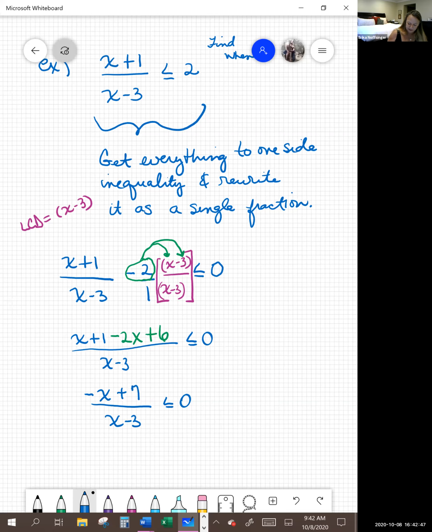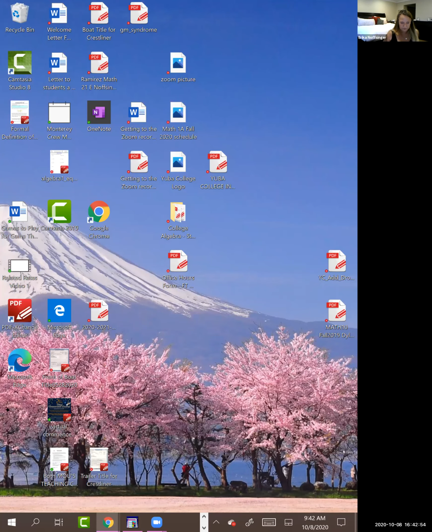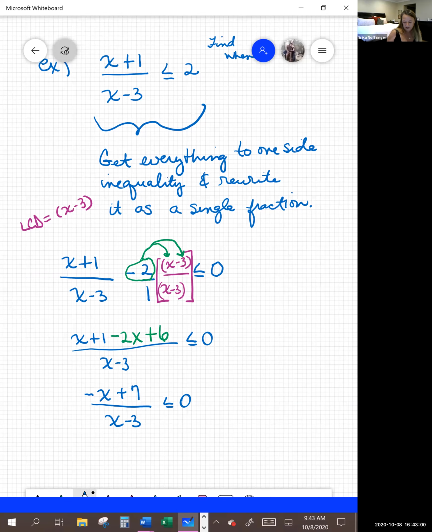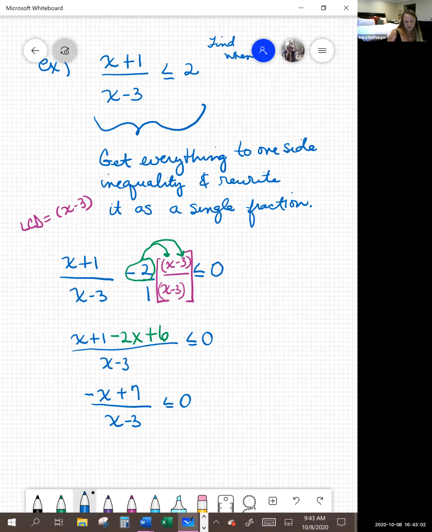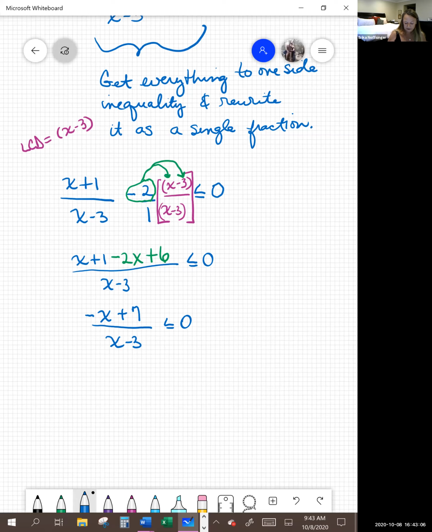So once you've done this, we want to find our critical numbers, but I want to go through the graphing portion of this.